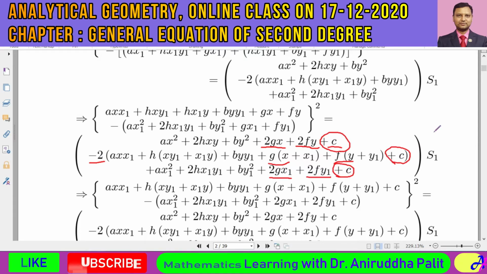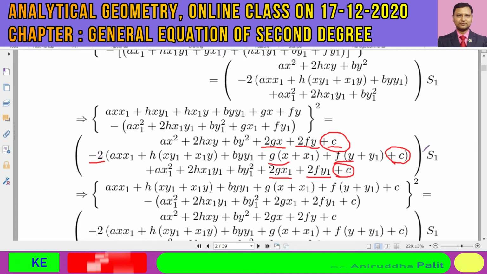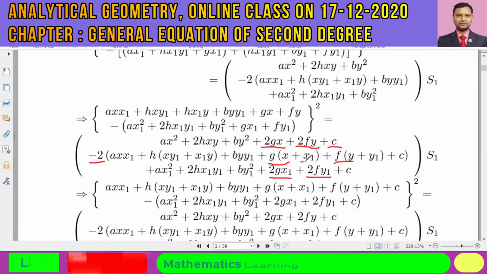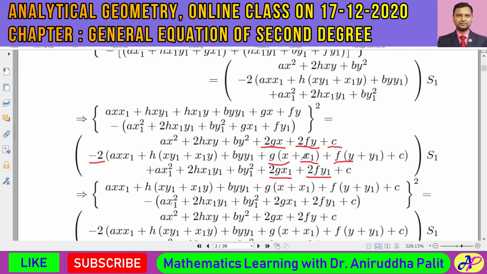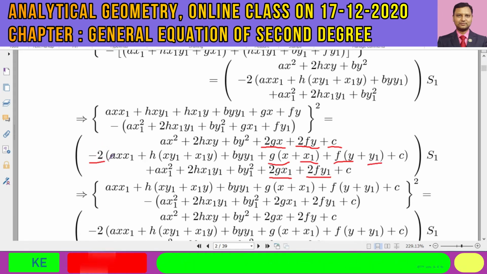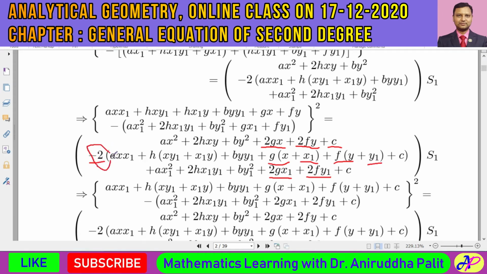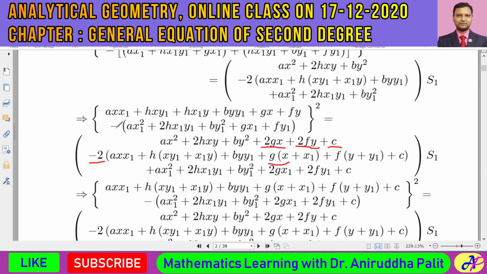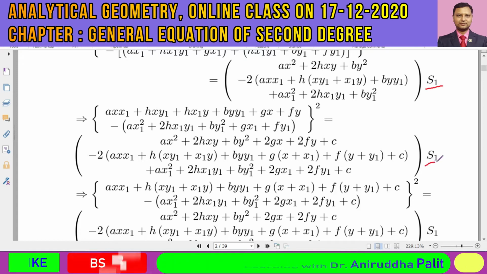Hopefully this is clear to you that plus c plus twice c minus twice c, now c is totally adjusted. Then twice g x1 is adjusted with this g multiplied by x1 with this minus 2, and twice f y1 is adjusted with f multiplied by this y1 with this minus 2. Got it? In this way we are now able to adjust the expressions, and the last term was S1, so I am keeping this expression as S1.